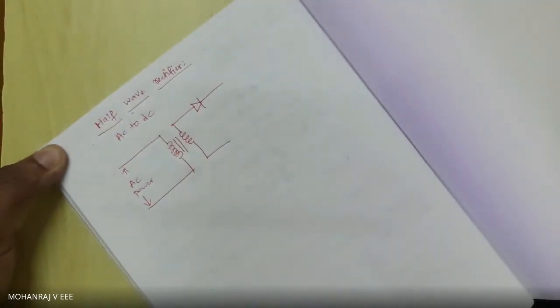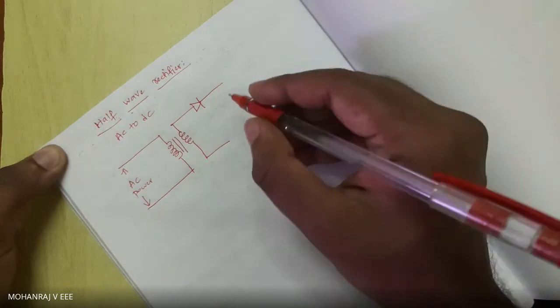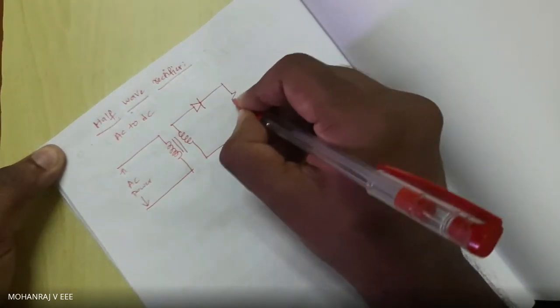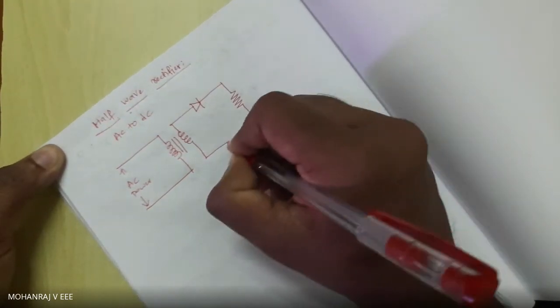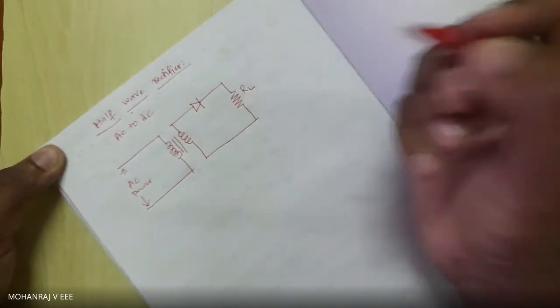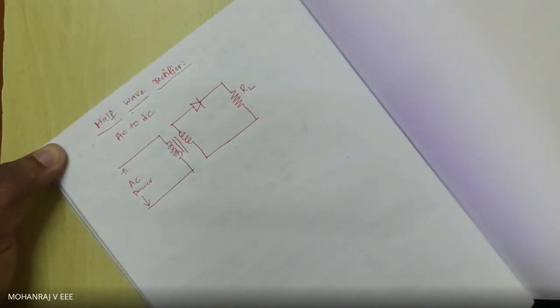A single diode is present in a half-wave rectifier. Then we have the load, say RL. So this is the schematic diagram, or circuit diagram, of a half-wave rectifier.